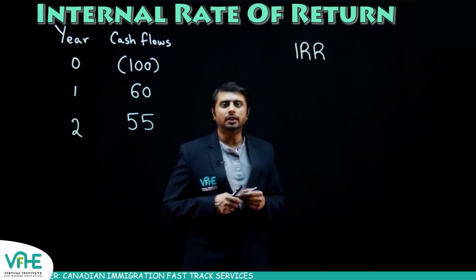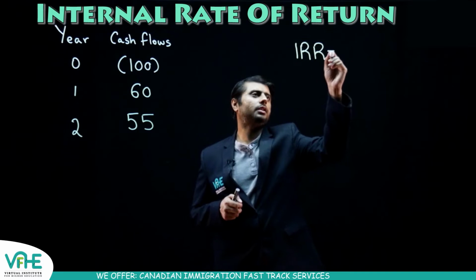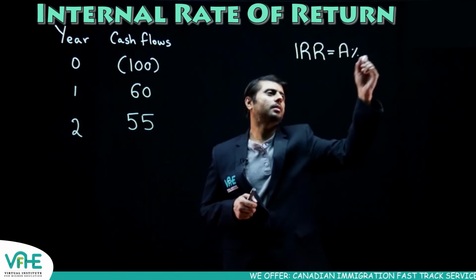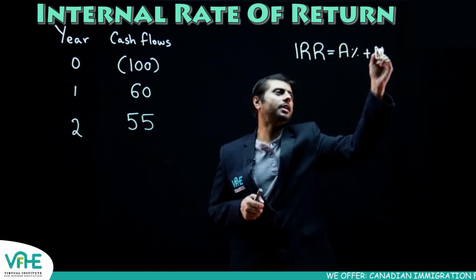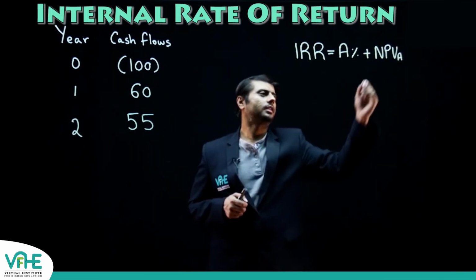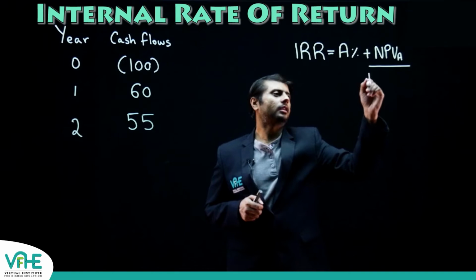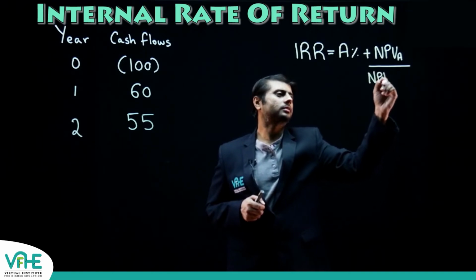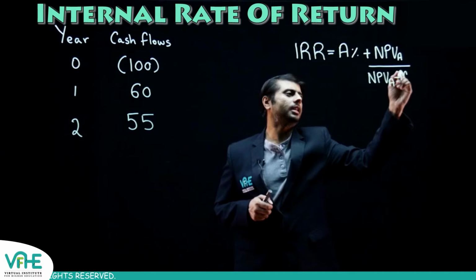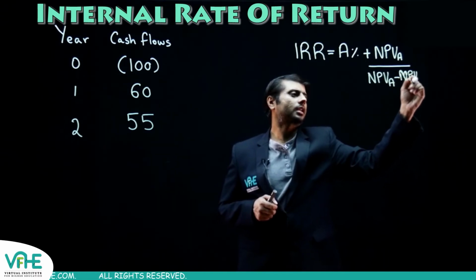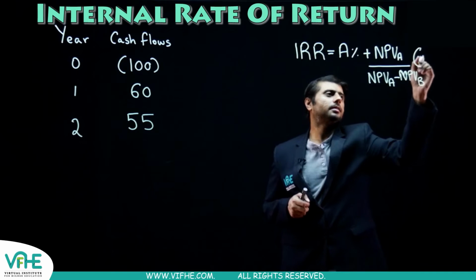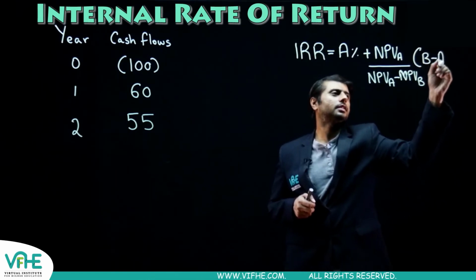Internal rate of return is equal to A% plus net present value calculated using A%, divided by net present value calculated using A% minus net present value calculated using B%, multiplied by B minus A%.